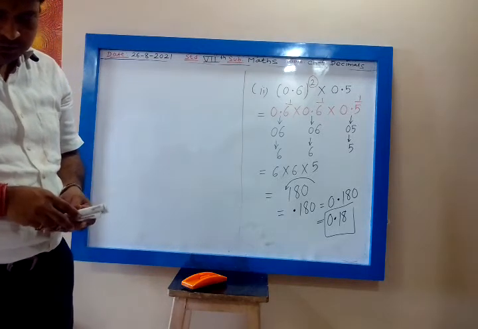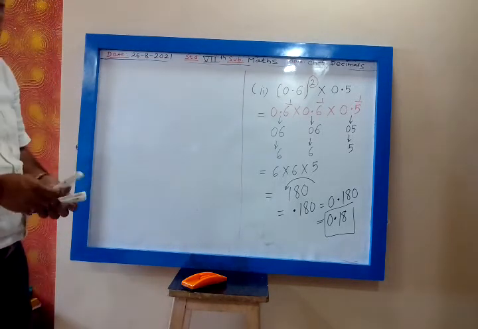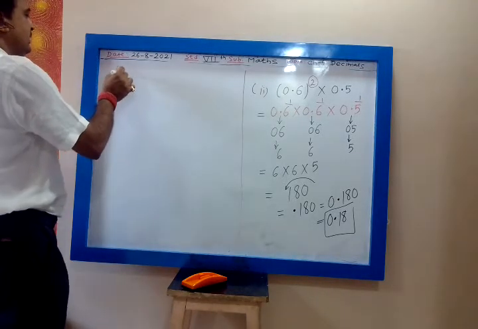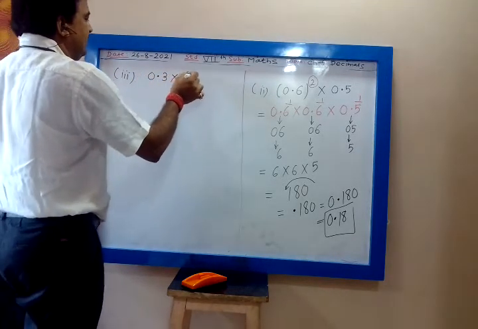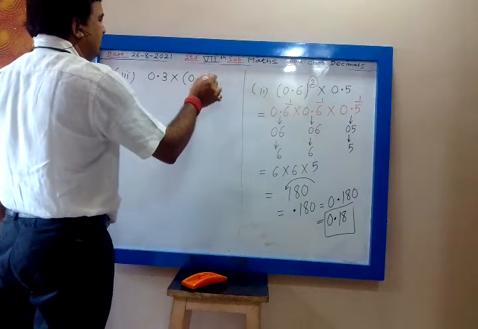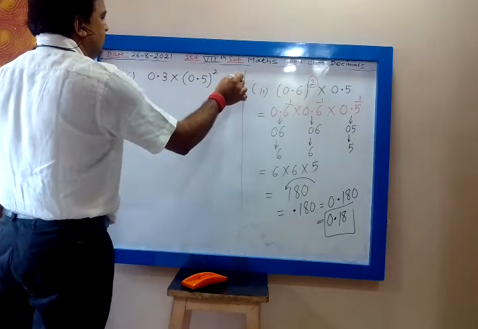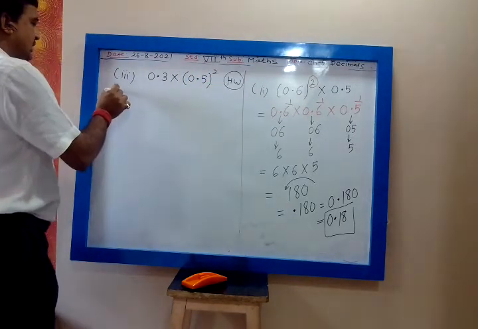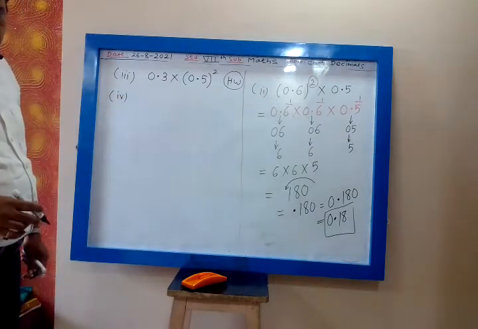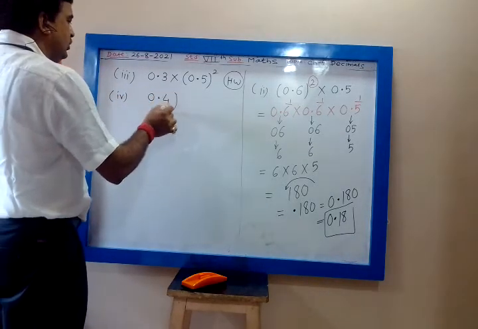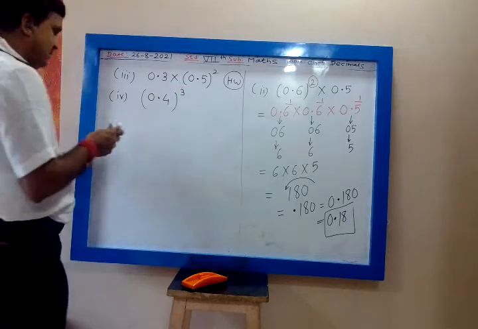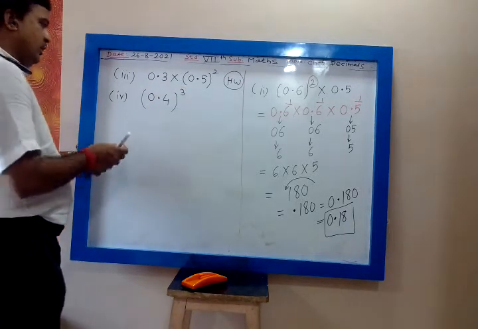Then 0.3 into 0.5 square. Let me give this problem as homework. Then the fourth one, 0.4 cube. Power is 3. What is my power?